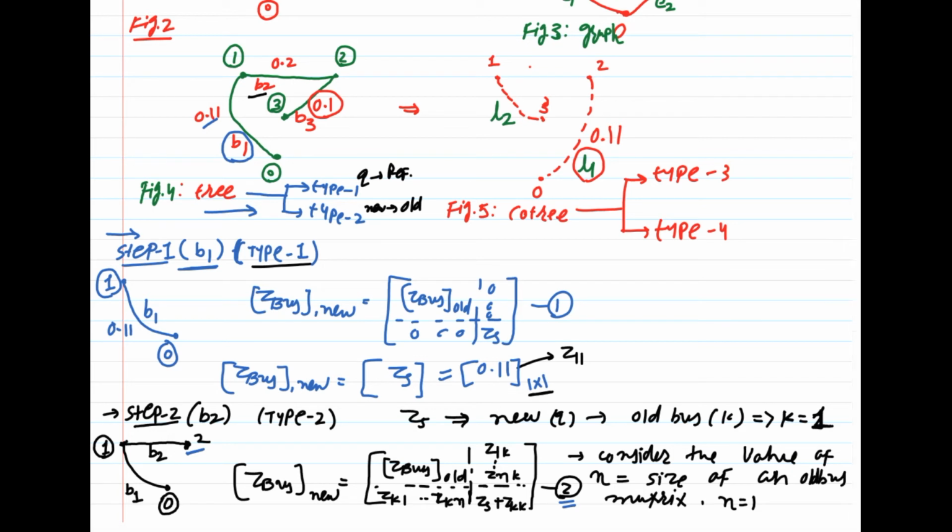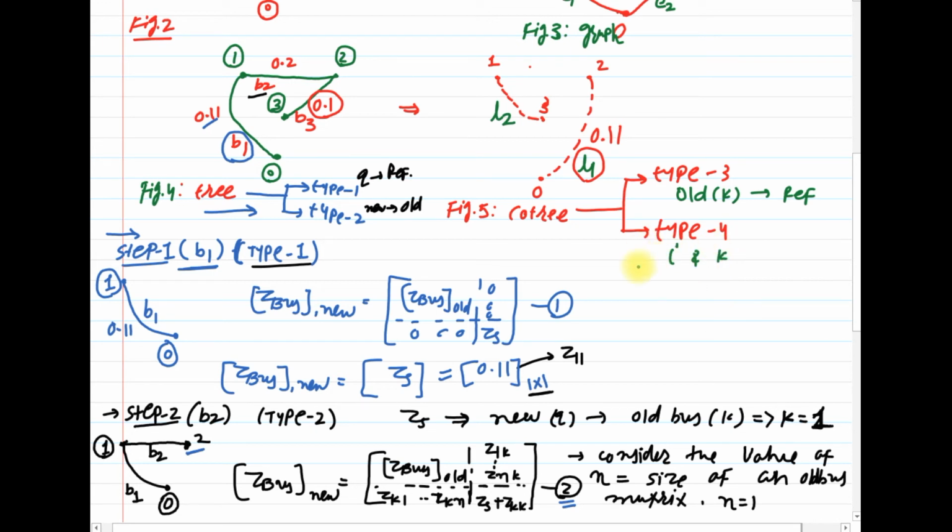Again, in type 3 modification, the element is added between old bus K and the reference bus, or I can say between the reference bus and an old bus. And in type 4 modification, the element is added between two old buses I and K.